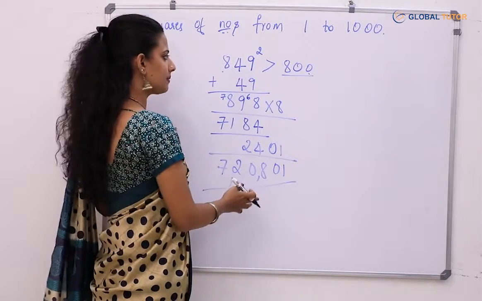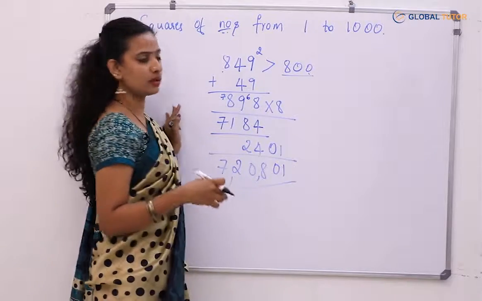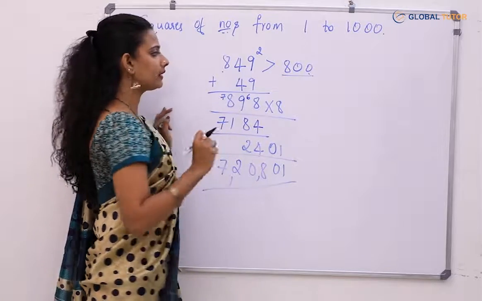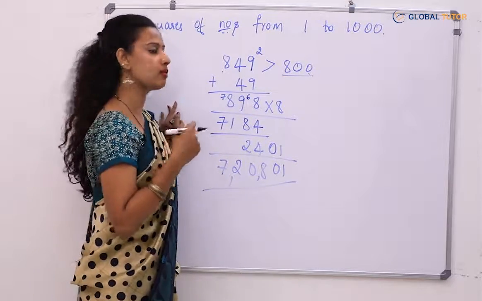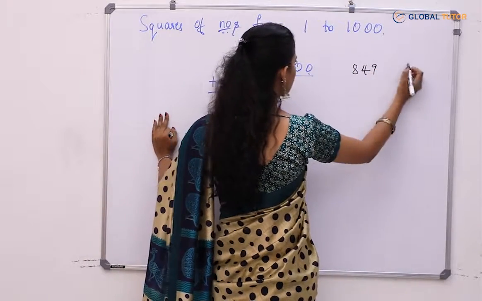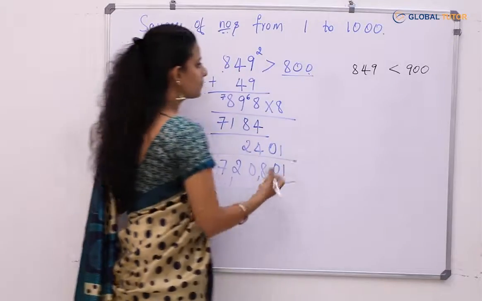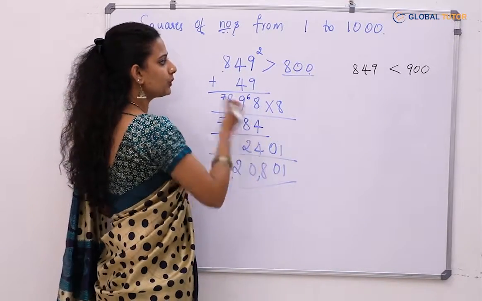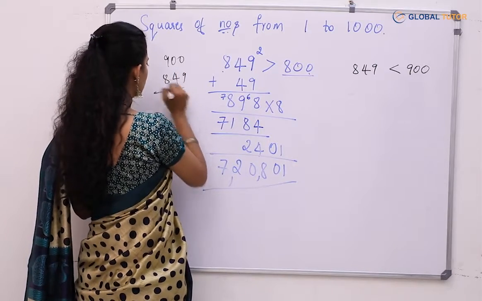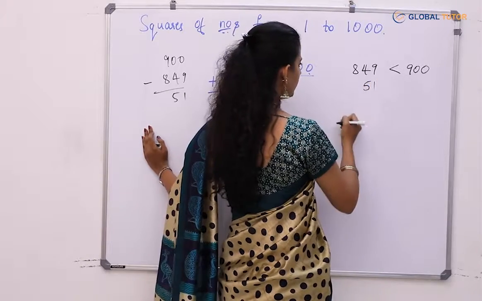Now using the same method, just imagine instead of taking 800 as the base or the reference number, what happens if I take 900 as the base? So 849, and then I take 900, which is greater than 849. So what will be the difference between 900 and 849? It will be 51, right? So here you write 51.